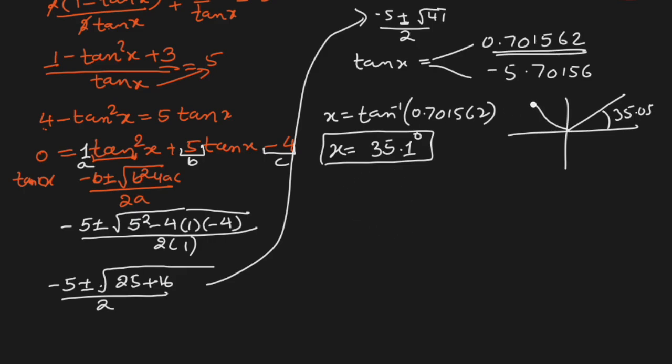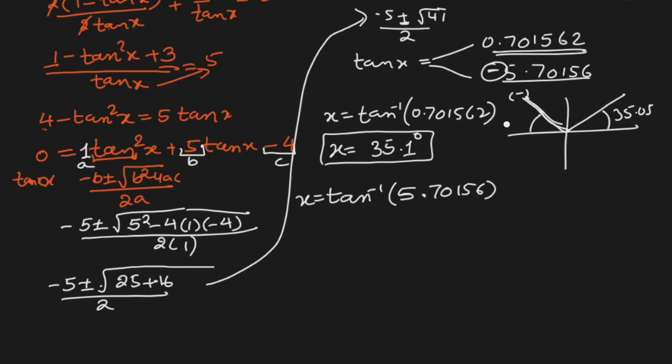Now here tan is negative and we will use this here. So for this, x equal to tan inverse, not negative this time, positive 5.70156. Once we have decided our quadrant, there is no need to enter negative. If you put negative, you may not get the answer here. You may get it also, but try not to put it, because we know this quadrant now.